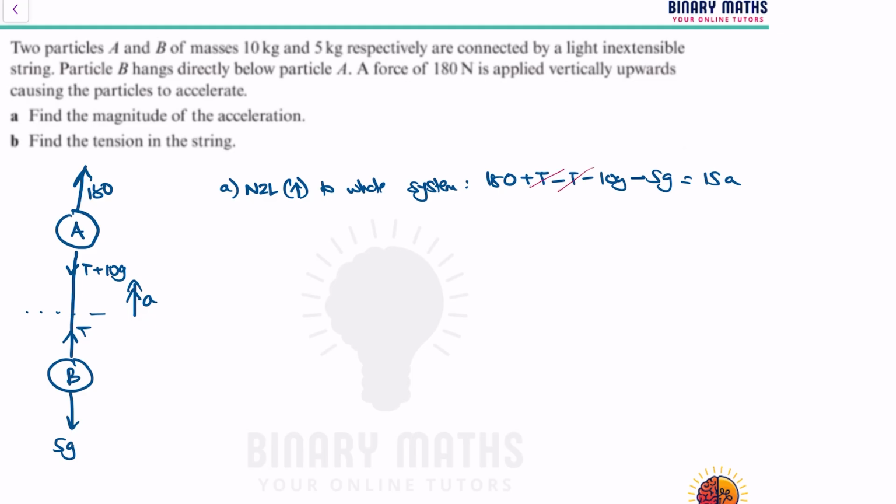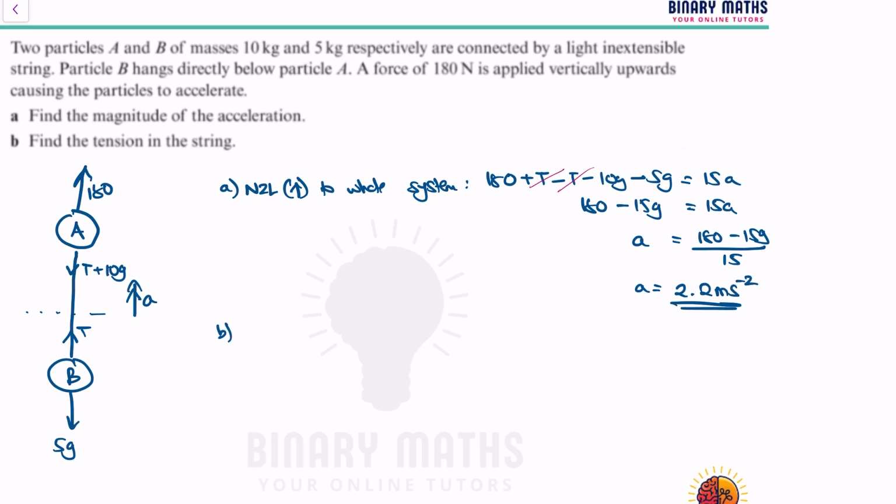So the T's cancel out. You get 180 minus 15g is equal to 15 times acceleration. So acceleration will be 180 minus 15g, divided by 15. You put that into your calculator with g equal to 9.8. Acceleration turns out to be 2.2 meters per second squared.